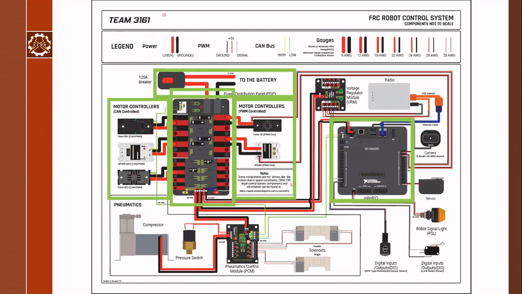It's also worth noting that we are far from the first team to make an electrical walkthrough for FRC. That graphic that we're looking at right now is from Team 3161. WPILib, which is a big knowledge repository for software and some other parts of this, has great resources on wiring, and it's a good way to build your first robot, putting all this stuff together for the first time.